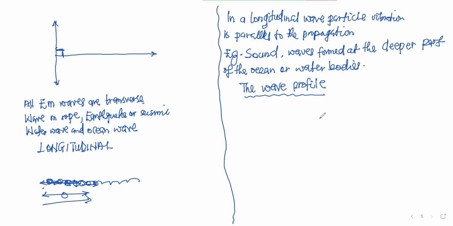So in a transverse wave, particle vibration is perpendicular to propagation of the wave or the energy. So we go back to the same examples of waves and then put them under this classification as well. So we are saying that all electromagnetic waves are transverse waves, and only some waves, the waves formed from the deeper parts of ocean or water bodies, are longitudinal waves.